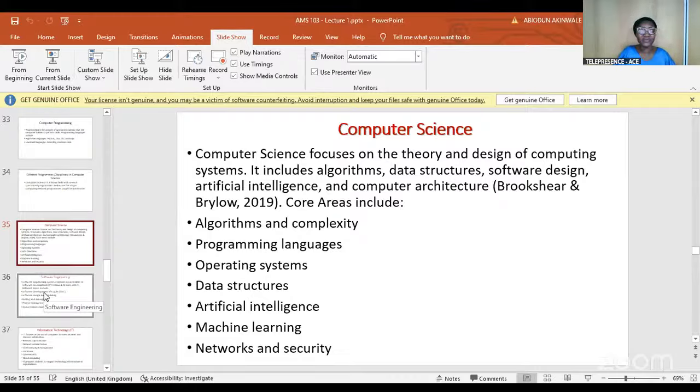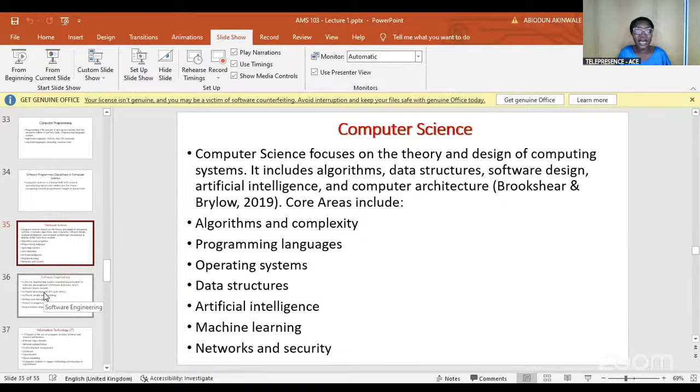So computer science focuses on the theory and design of computing systems. It includes algorithms, data structures, software design, artificial intelligence, computer architecture. You see so many people today now coming into the faculty of computing, or computer engineering, or software engineering, or informatics, or geoinformatics, and all that.